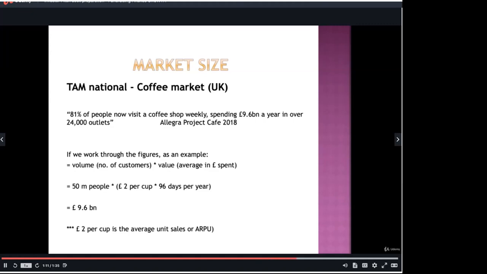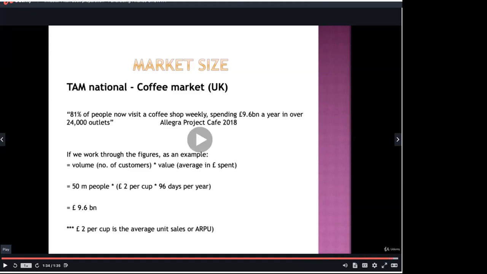And finally C, how many days in a year would they go to have a coffee in a coffee shop? Say 96 days out of 365 days. So it will result in a total market size for coffee in the UK of 9.6 billion UK pounds sterling.